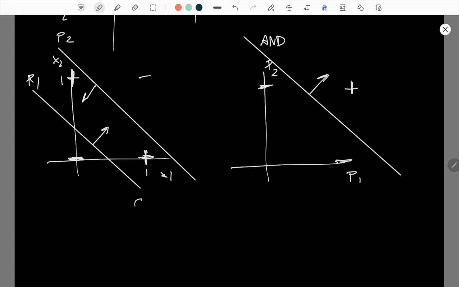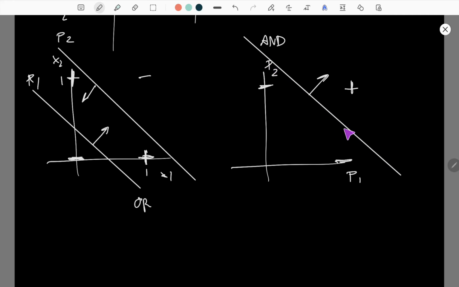So this one is OR, right? And this one, look at P2. P2 is the same line as the AND one, but the decision direction is different.